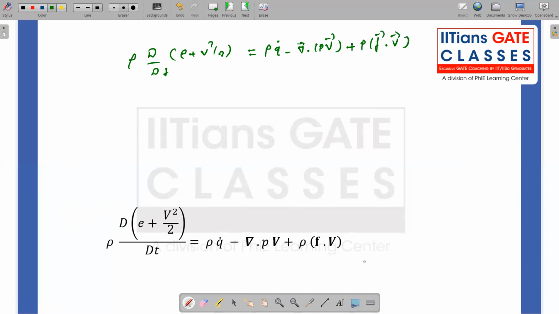So this is the differential form of the energy equation, and this form is very important for us to define stagnation properties.